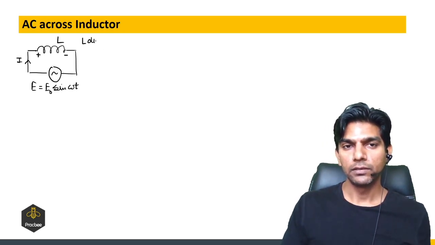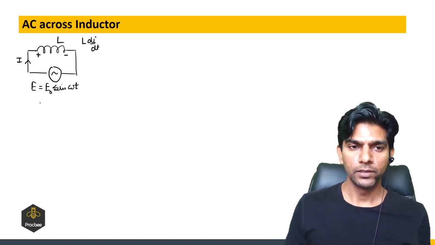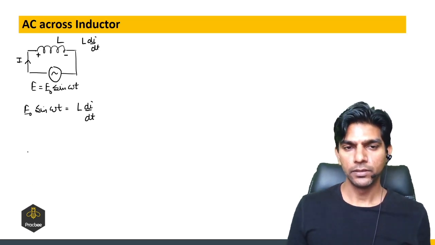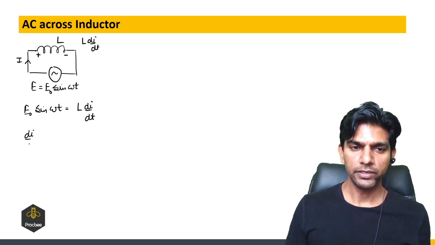So we can say E naught sine omega t will be equal to L di by dt. Now from this we can say di by dt is equal to E naught by L sine omega t.